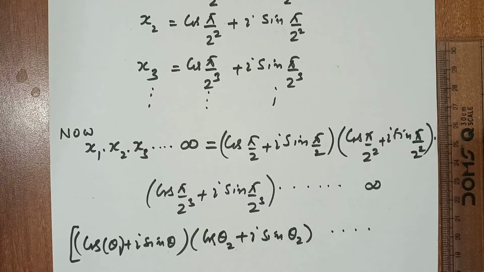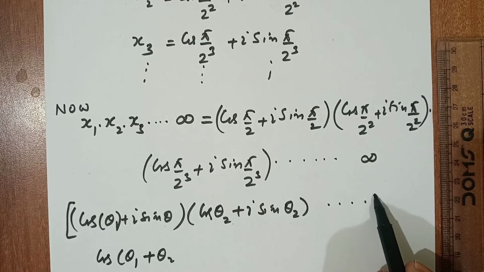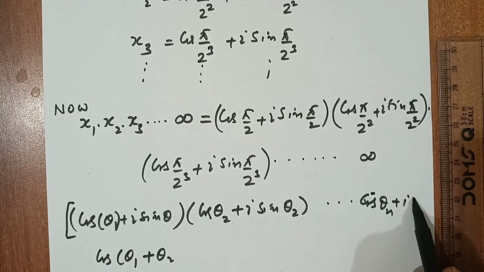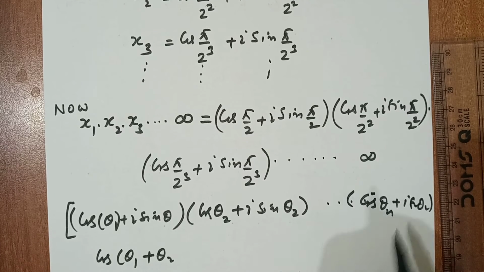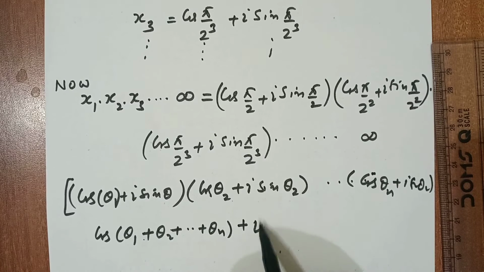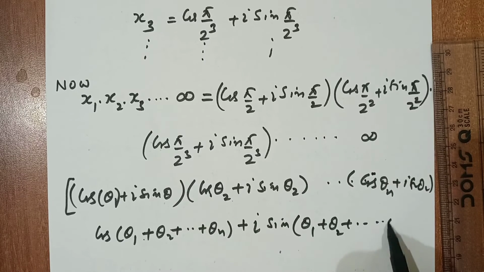In this case the angles will add: cos(theta1 plus theta2 plus up to theta n) plus i sin(theta1 plus theta2 plus up to theta n).